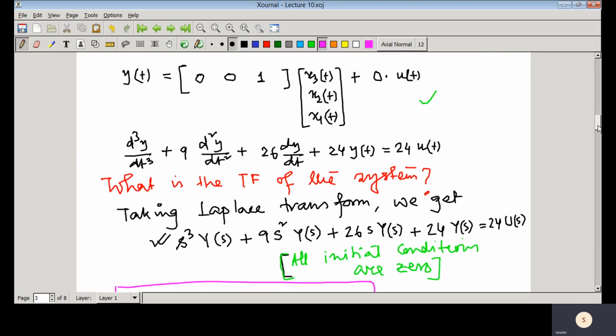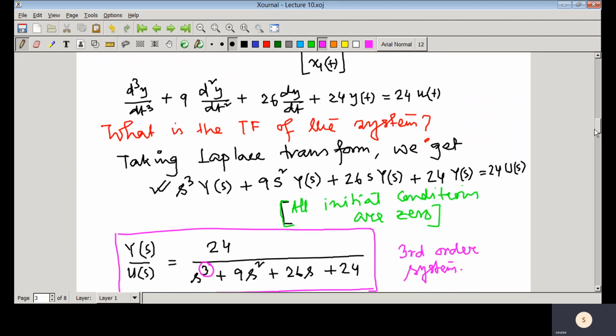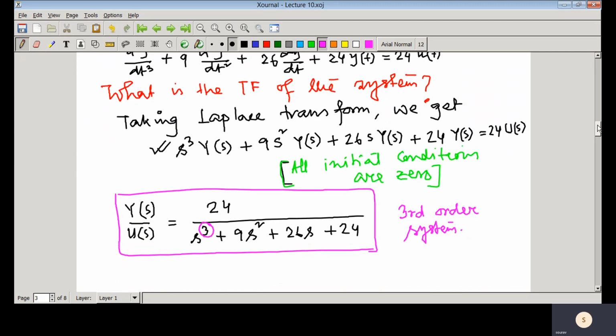And if we are interested in finding the transfer function, just by taking Laplace transform and taking all initial conditions equal to 0, we can have a transfer function of that system. And here also we can see that the order of the system is third order.